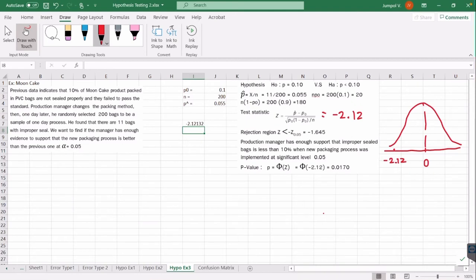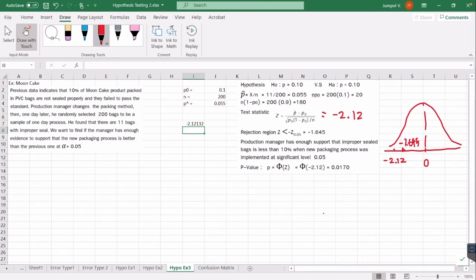The critical value is here, minus 1.645. Because of this, we reject the null hypothesis.